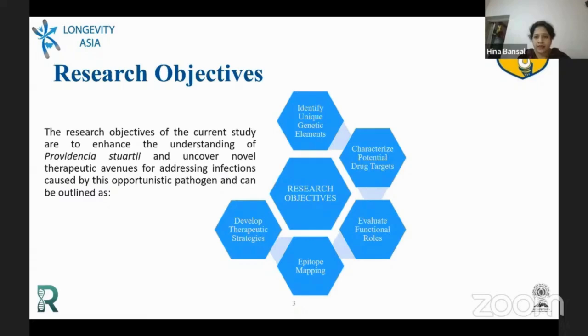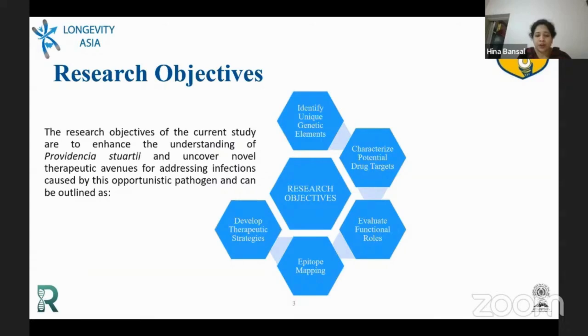Next is characterizing potential drug targets. This is to analyze the unique genes identified for their potential as drug targets, focusing on essential genes that are conserved across related pathogens but absent in the host.